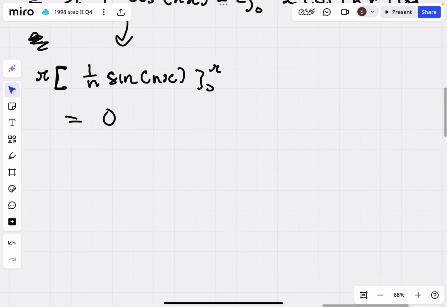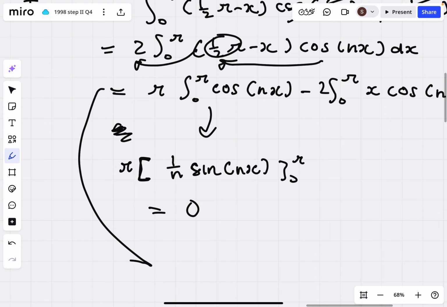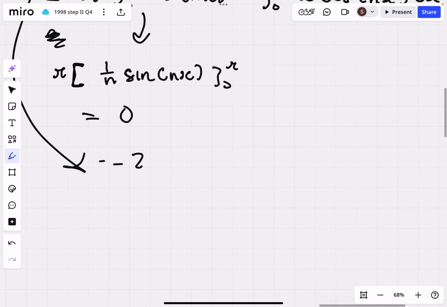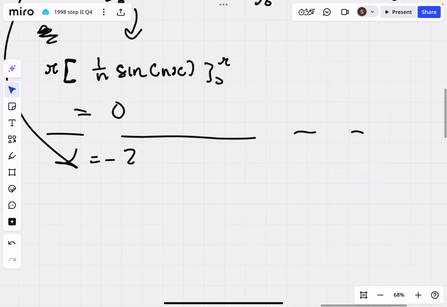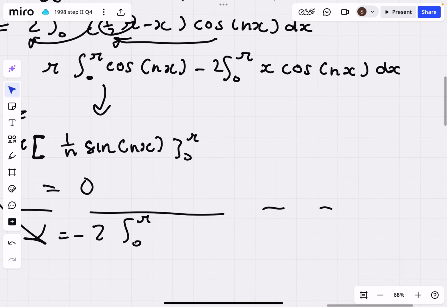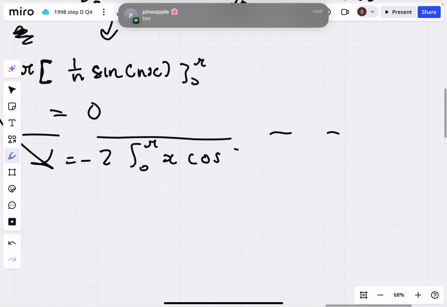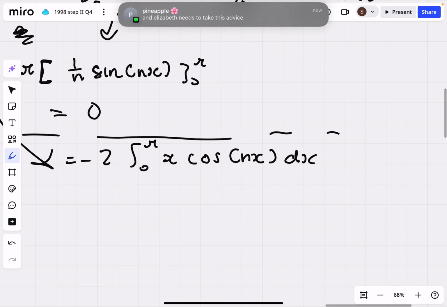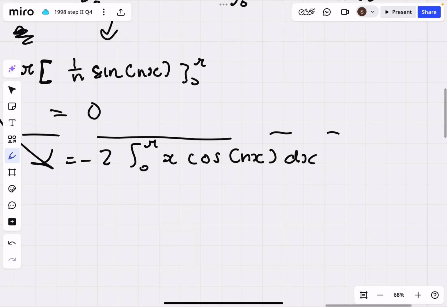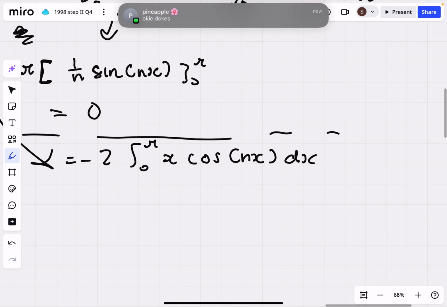And so that means all of this equals minus 2 times the integral from 0 to pi of x cos nx dx.